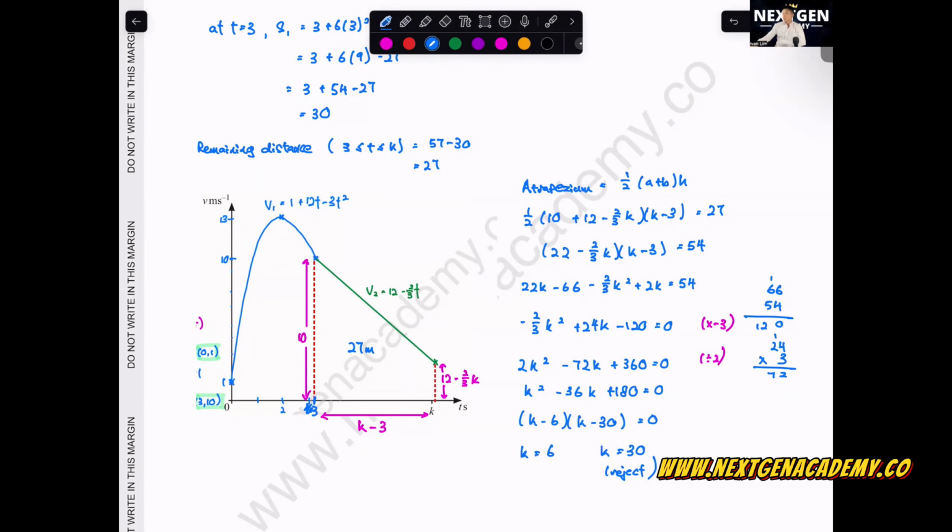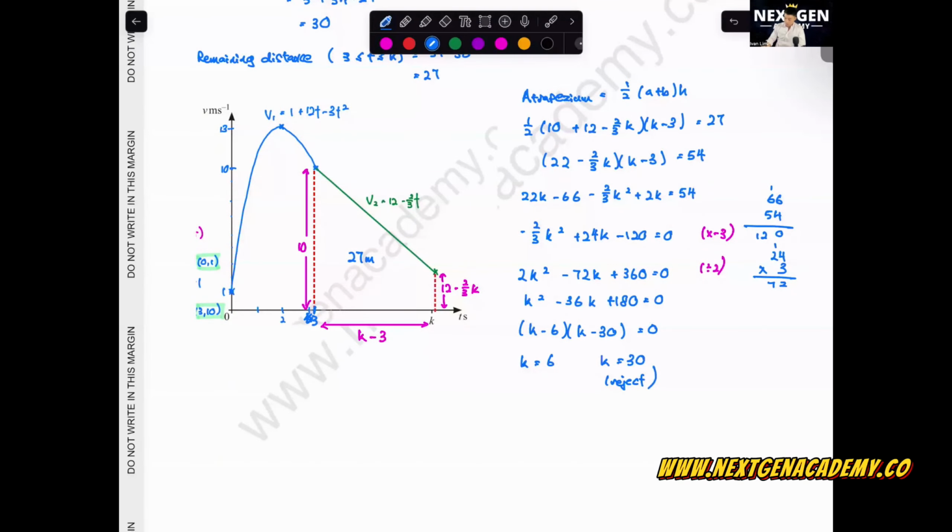I think this is it: k equals 6 or k equals 30. Actually, we need to check this by substituting k into the equation for v2. For k equals 6, 12 minus 2 over 3 times 6 is 12 minus 2 times 2, which is 12 minus 4, positive 8.